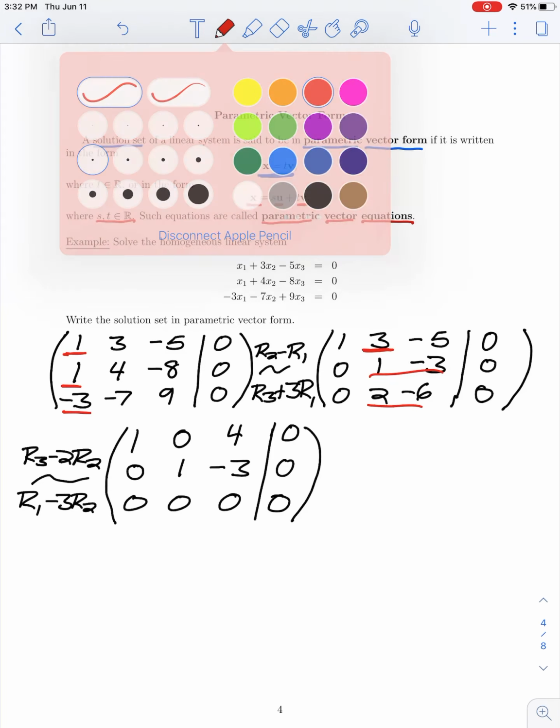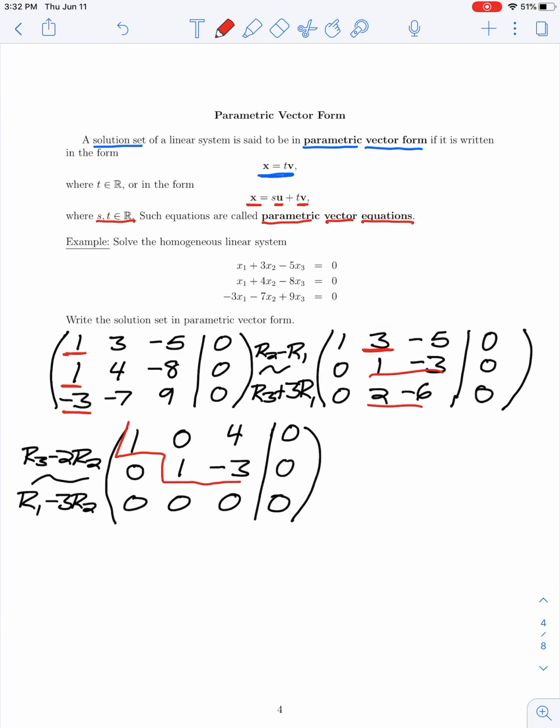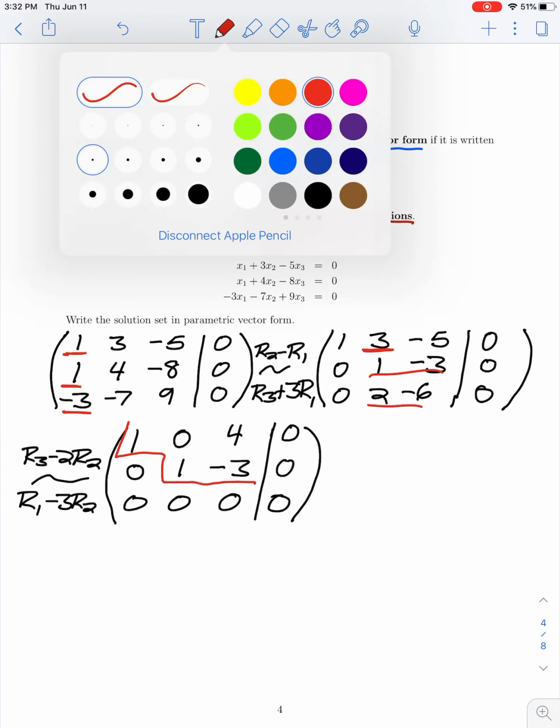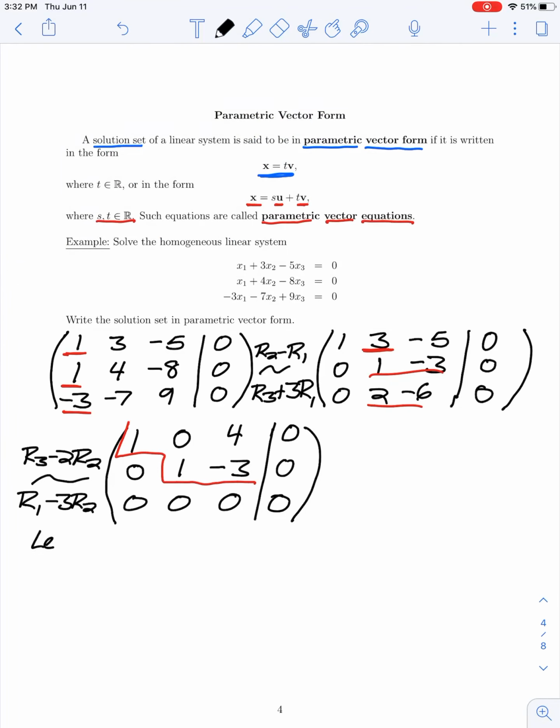So now this is in reduced row echelon form, and we see that our third column does not have a pivot position. So there will be a free variable for our third variable, x3 here. So let x3 be a free variable, and let's choose some value for x3.